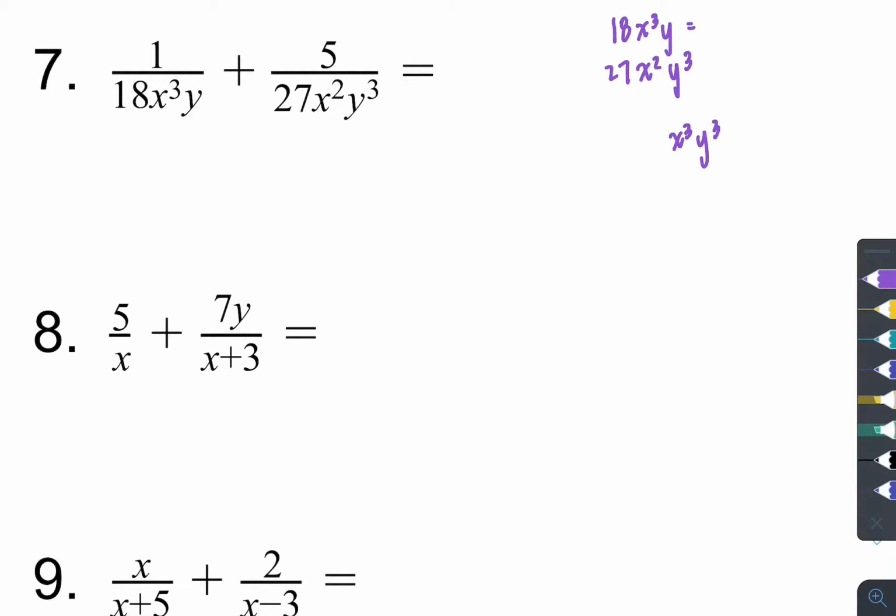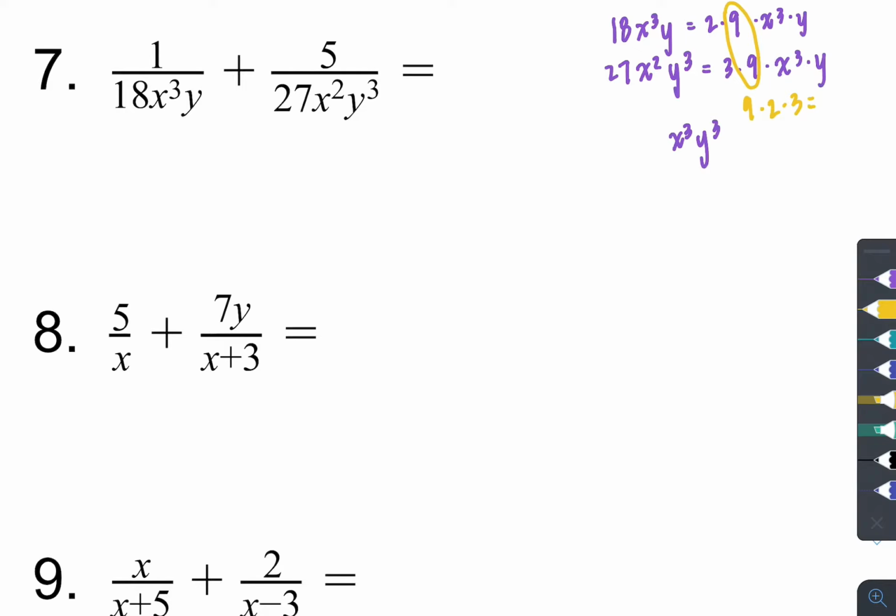So 18 is 2 times 9. I'm just going to go ahead and write x to the third times y. And then this is 3 times 9. So I know that the 9s are in common, but the 2 and the 3 are not. So 9 times 2 times 3 is going to be the least common denominator between 18 and 27.